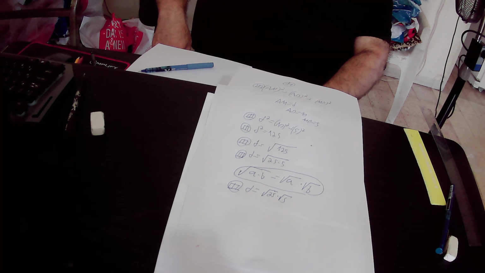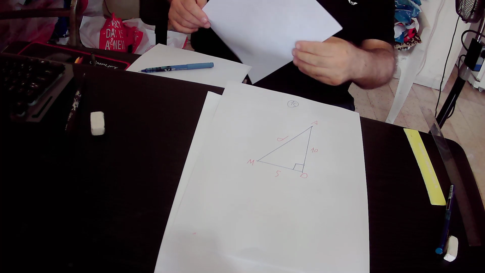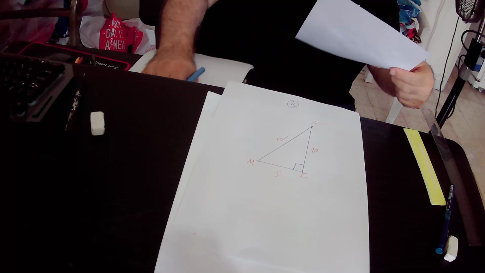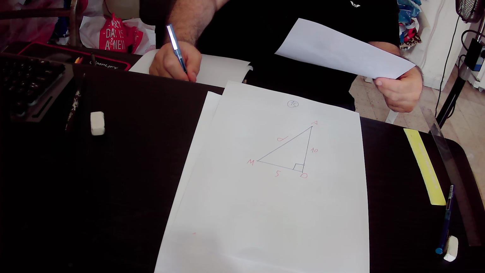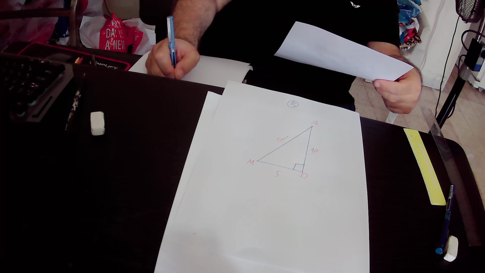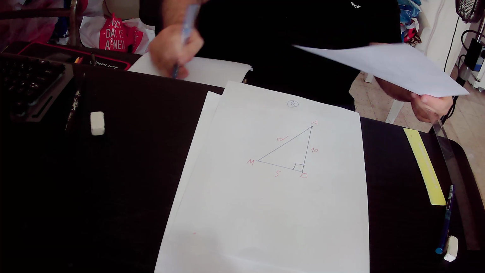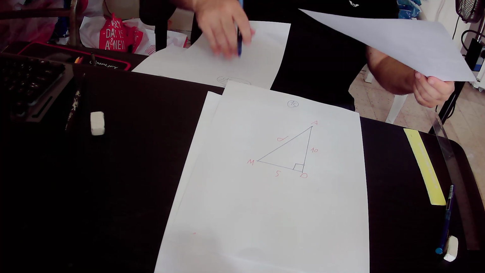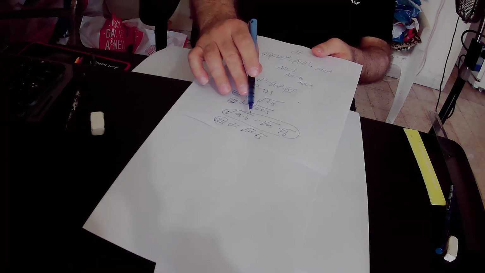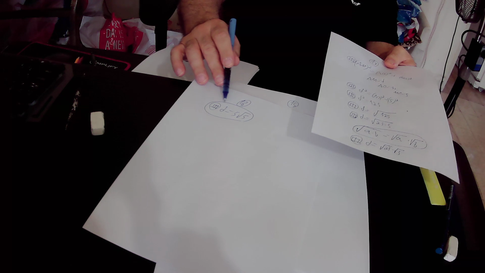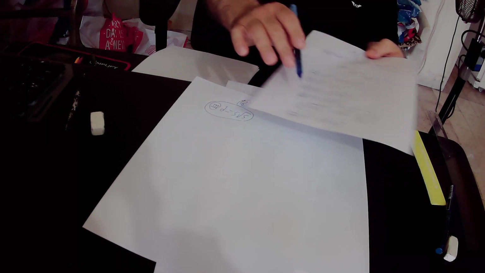So the root of 25 equals 5, so I write it down. Here the root of 25 equals 5, so we got that d equals 5 times root 5.